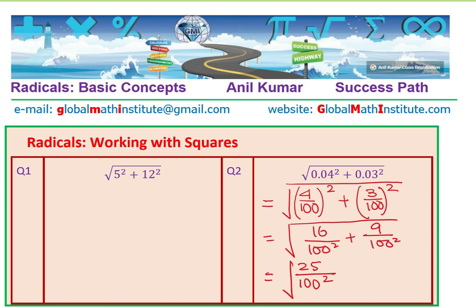And so I get my solution, which is 5 over 100, which I could also write as 0.05, and I could also write this as a fraction as 1 over 20.